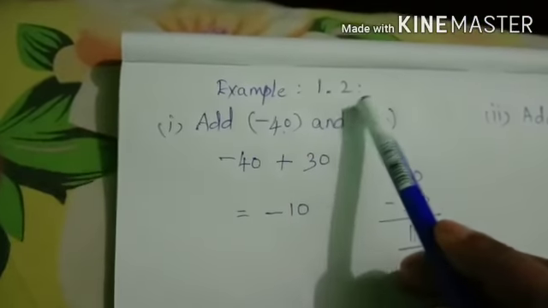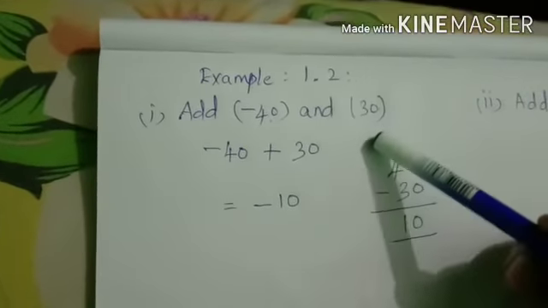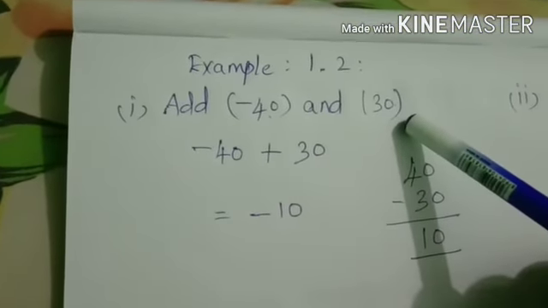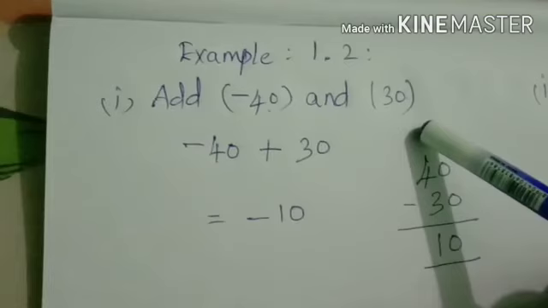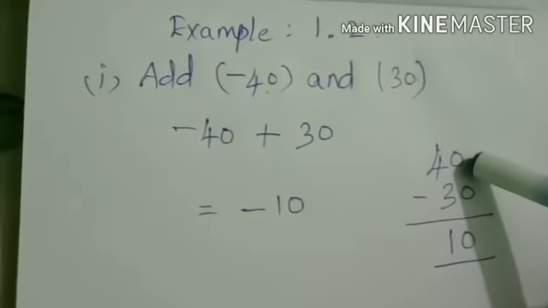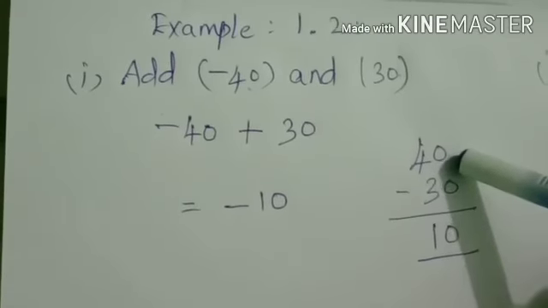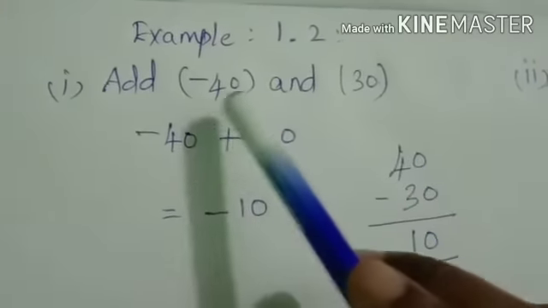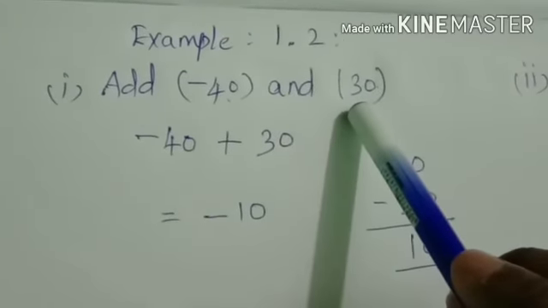Let's see example 1.2. From the note, when we add two integers of different sign, the sum will be the difference between the two integers and have the sign of the integer with greater value. Here -40 and 30. Here these two integers are of different sign.